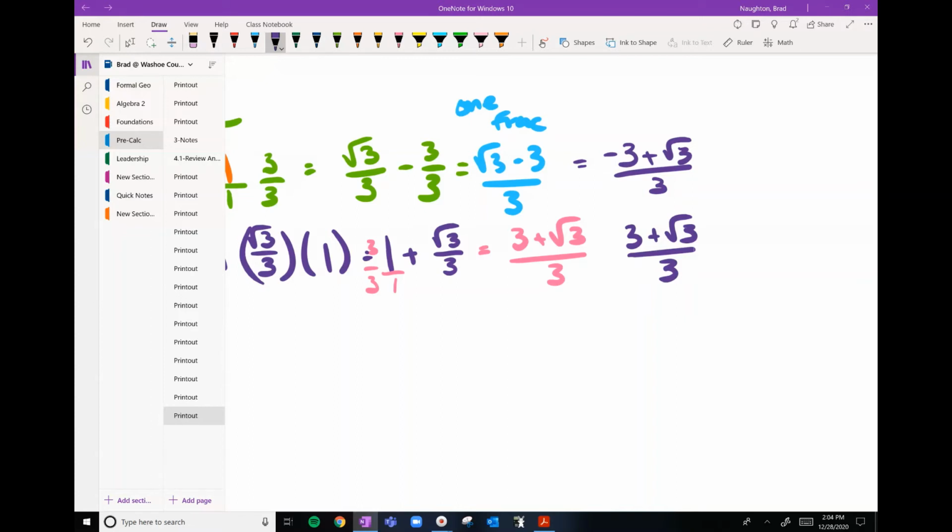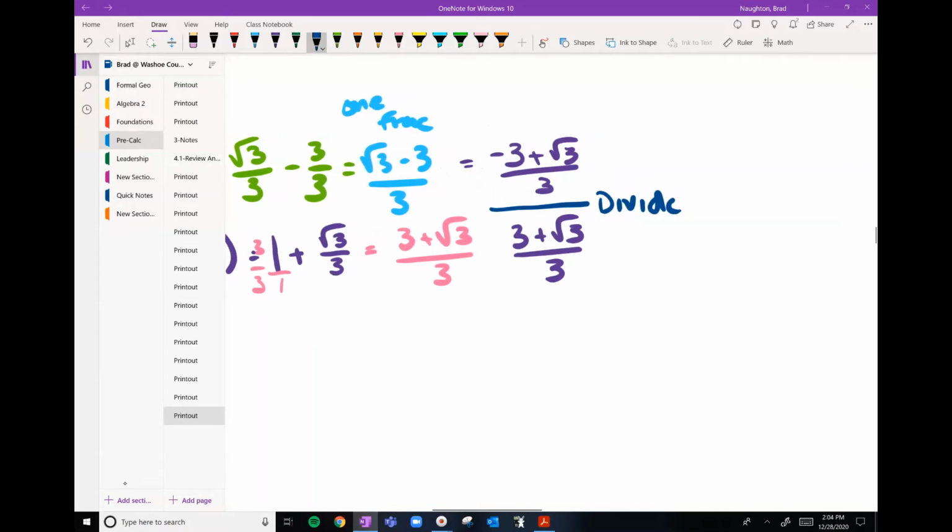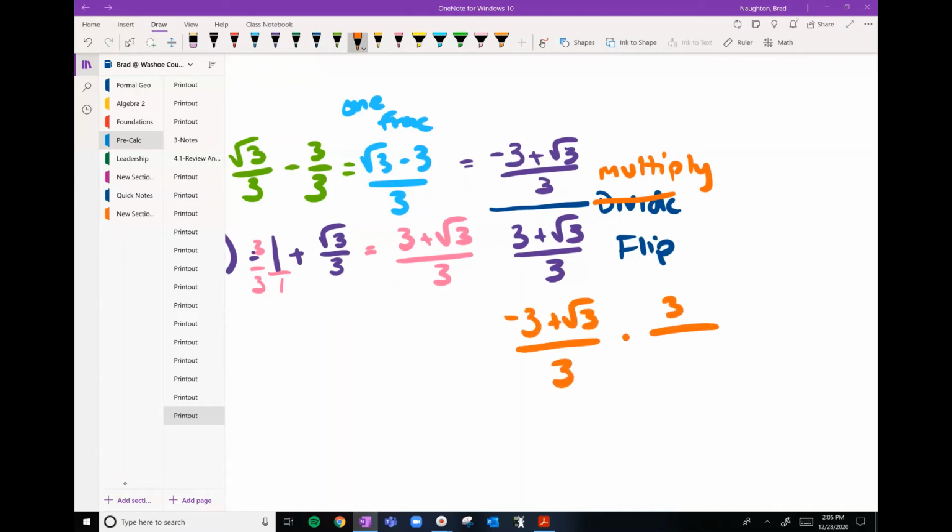I didn't change anything, so we're good to go. So now we're going to make this divide, because that's really what it is. And so remember, when you divide, you're just going to take that second fraction, flip it, and change this from divide to multiply. So this is going to be negative 3 plus root 3 over 3. Flip the second fraction.